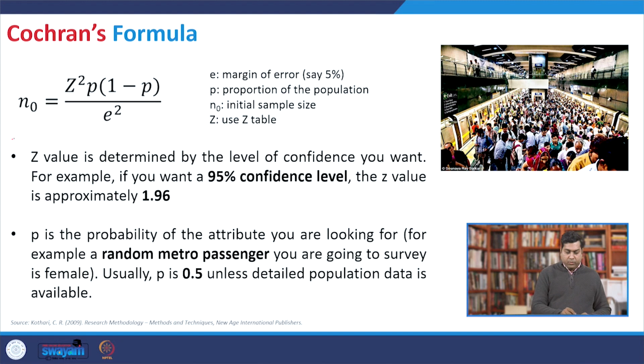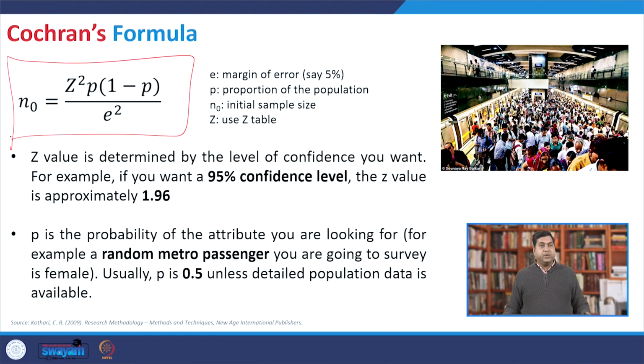So here we go with this formula, where n0 is the initial sample size, and where the population is unknown to us, we do not know the total population, then also we need to go for sampling, and we can use it. There are certain parameters that you need to know.